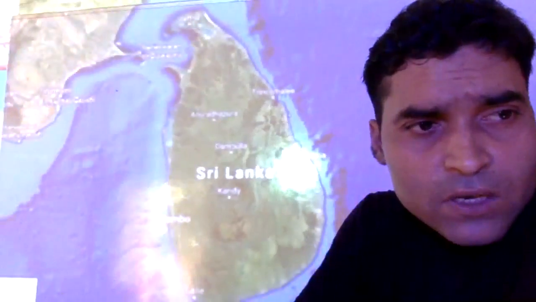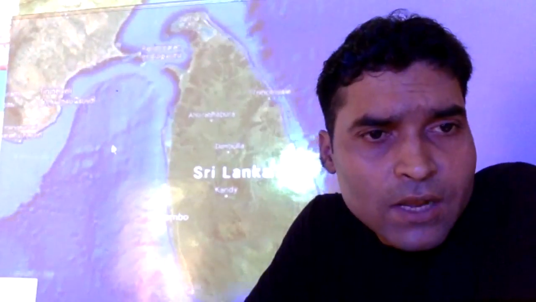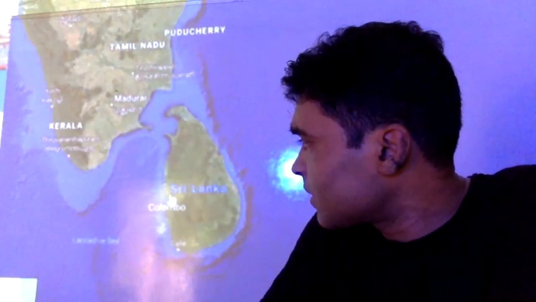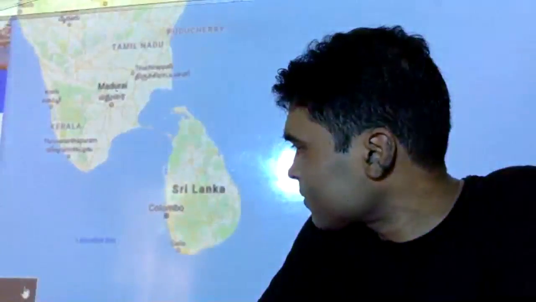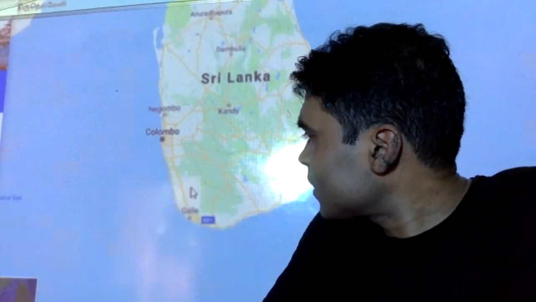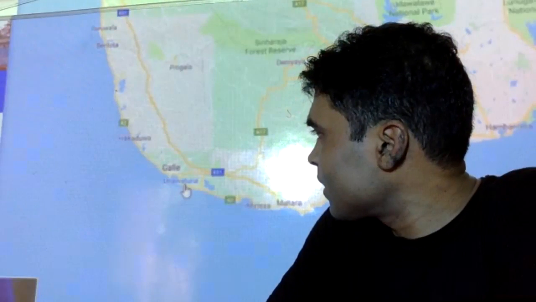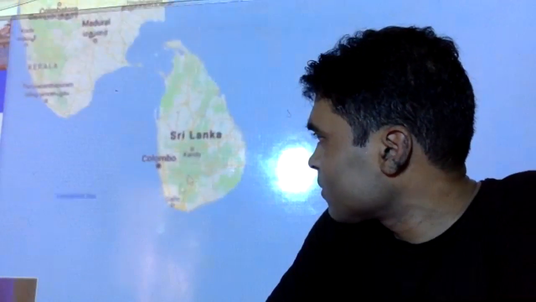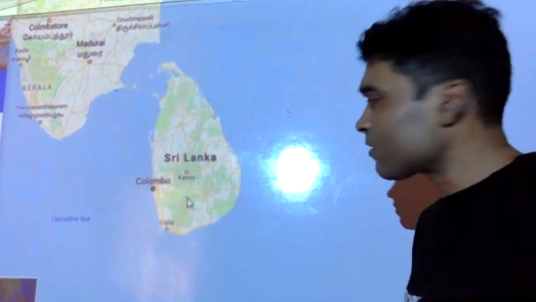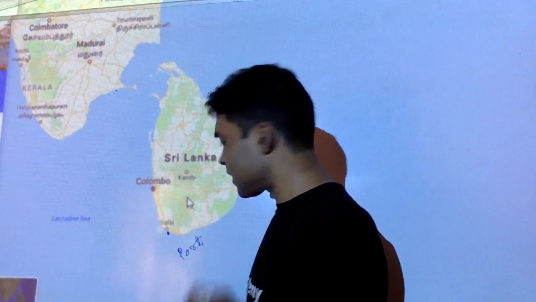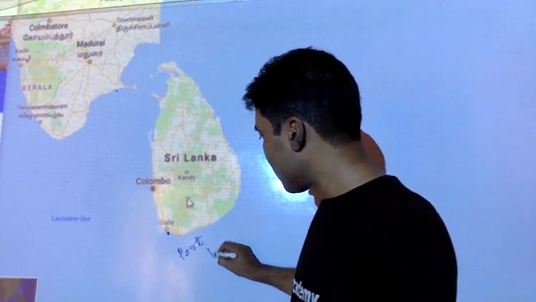After that, we have certain features, the GK parts, which are often asked in exams. We'll check that. Hambantota Port. Hambantota is located here. It may not be visible, but try to understand. Suppose this is Sri Lanka, right? So in this part, one port is there that was developed by China.